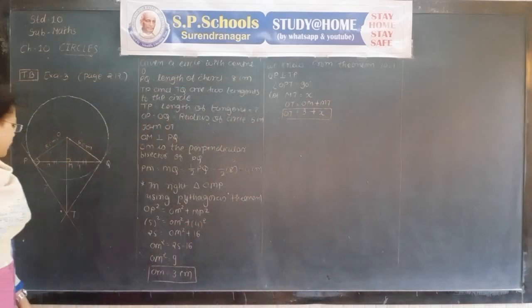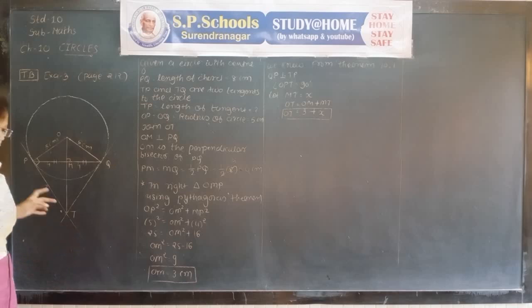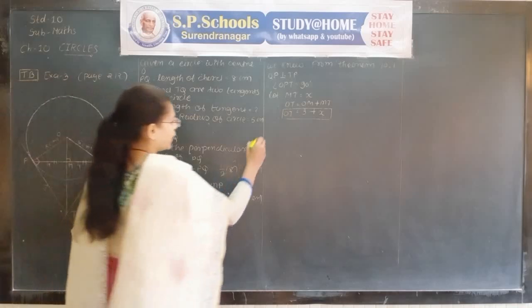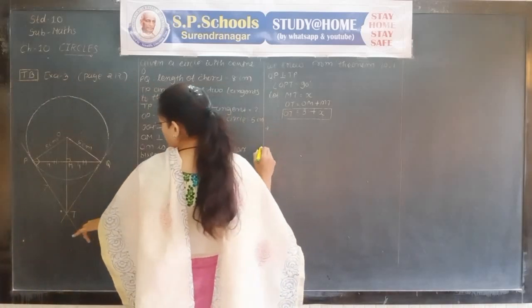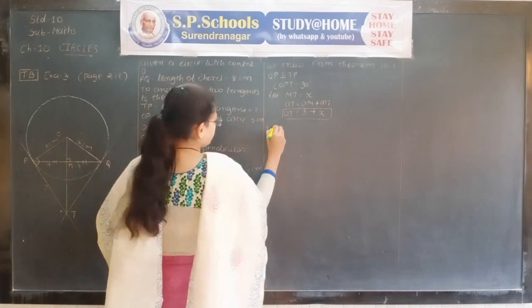Now we have to apply the Pythagoras theorem in right triangle PMT and another triangle POT, in which TP is the side of the right triangle. First use right triangle MTP, or PMT.